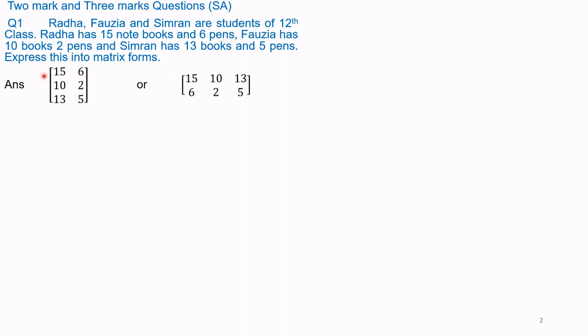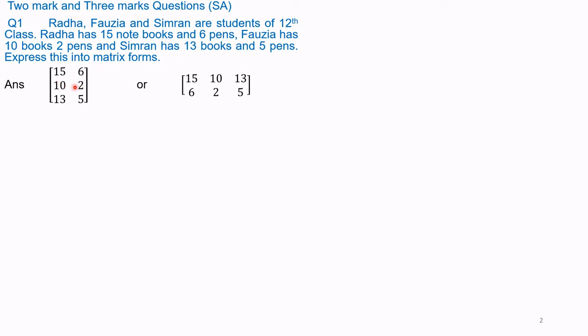So, we will write the students in rows, and notebooks in column 1 and pens in column 2. The first student is Radha. Radha has 15 notebooks and 6 pens, so it is written 15 and 6. For Fauzia, the items are written in row 2.